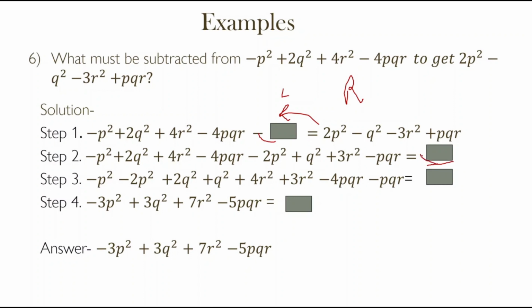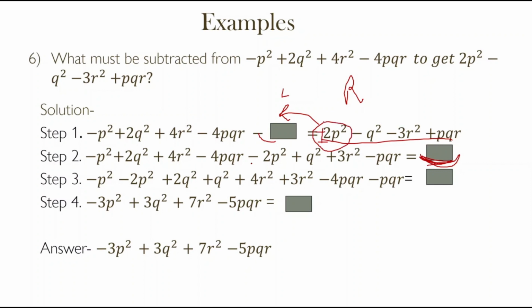Now if I have to find its value, there should be nothing else apart from this missing algebraic expression on the right side. But there are these terms, so I'll shift them all to the left side. Again, when we shift something from the right to the left side, if it is an addition, it changes into subtraction. So there was 2p square with a hidden addition sign.